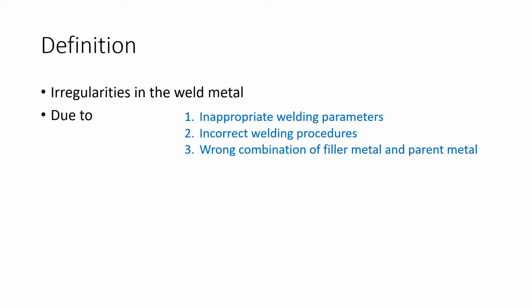Now, what is a welding defect, or how can a welding defect be defined? Simply speaking, welding defects are irregularities in the weld metal due to incorrect welding parameters, wrong welding procedures, or a wrong combination of filler metal and parent metal.